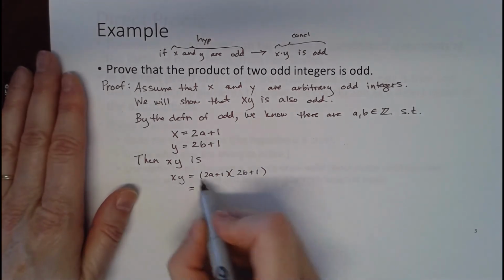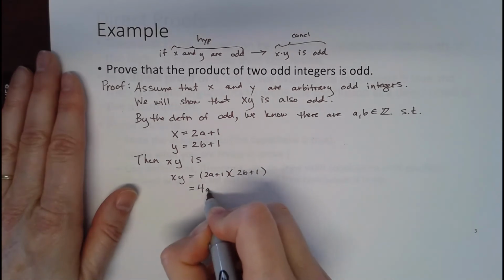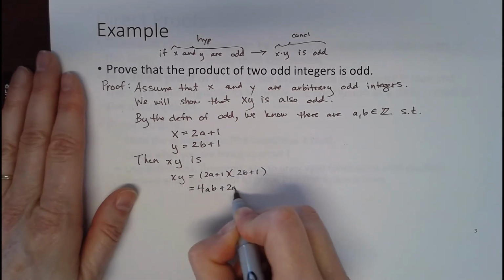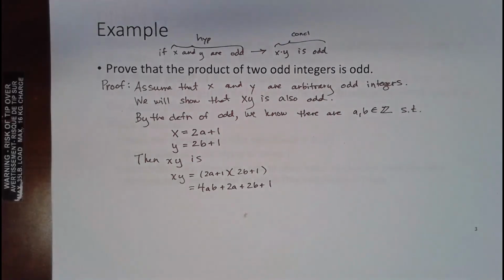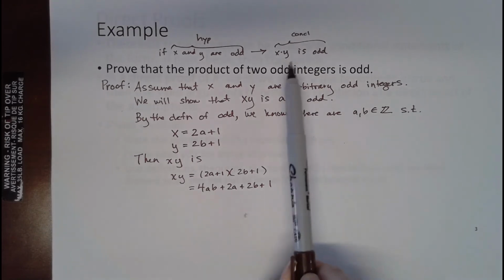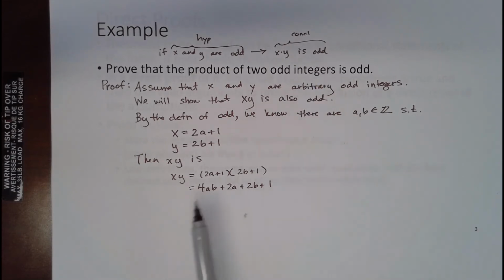So let's see, we're going to get 4ab plus 2a plus 2b plus 1. And then always keep in mind where I'm going. Where am I going? I'm trying to show that xy is odd. Okay, so here's xy, and I have an expression for xy, and I'm trying to get that it's odd.